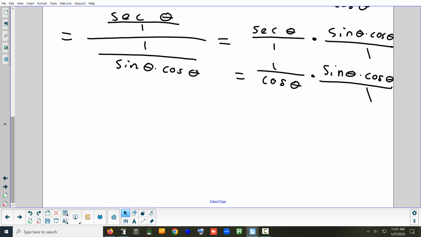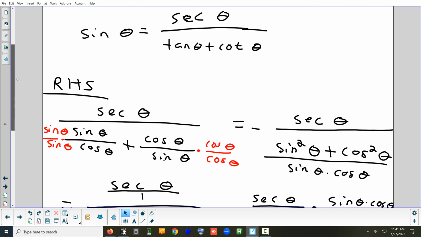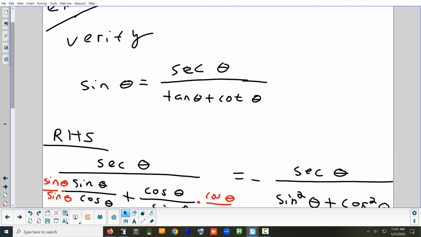The cosines. And what did that entire thing turn into? Sine. Now this was a verify. So we can go back and there was something we were supposed to get. What does it say we were supposed to get? Sine. That's exactly what we should have gotten.